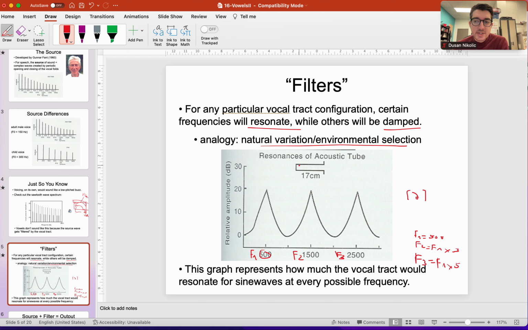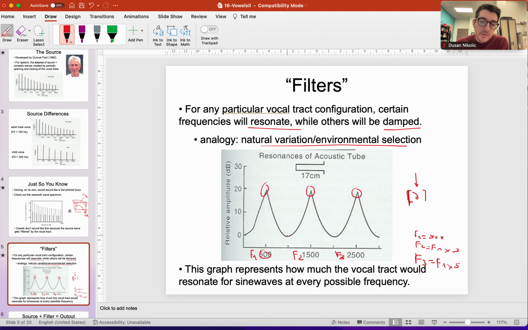What we need to understand here is the following. If I had a tube of 17 centimeters, which is the usual length of our vocal tract, and I'm producing something like this, I need to amplify those frequencies at 500 hertz, at 1500, at 2500.